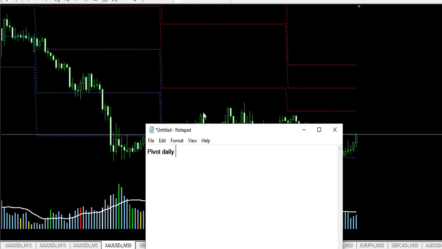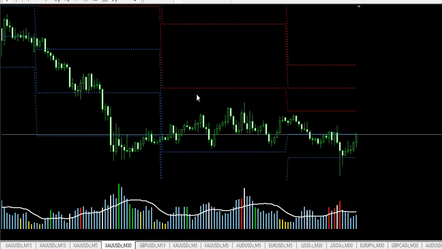Most of the successful traders use the pivot, and they can also spot support and resistance and know the price in the market. The pivot is also important.